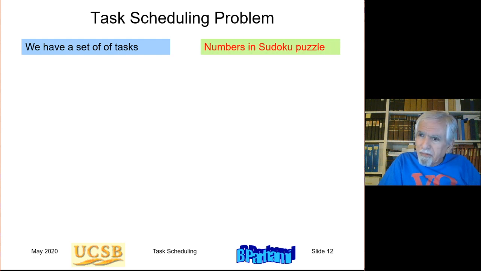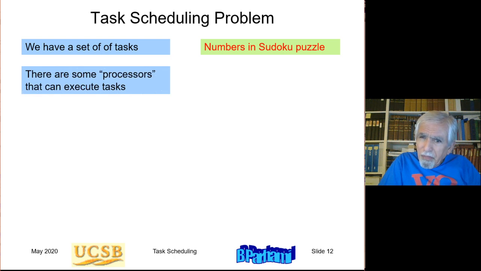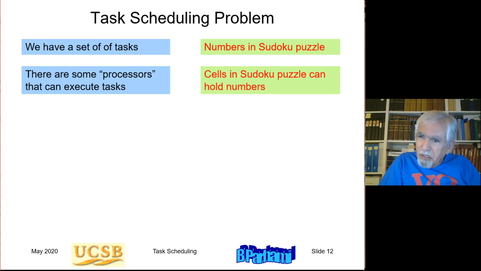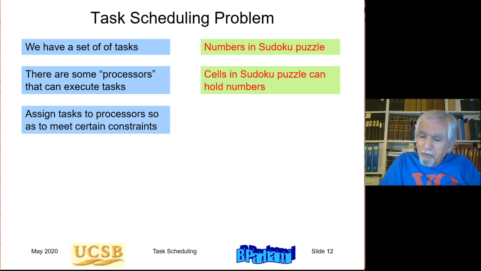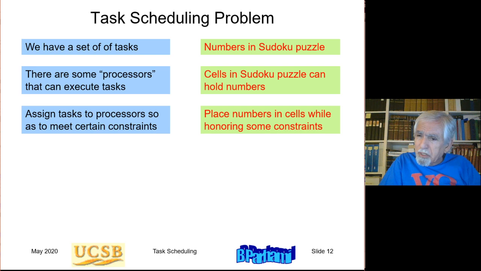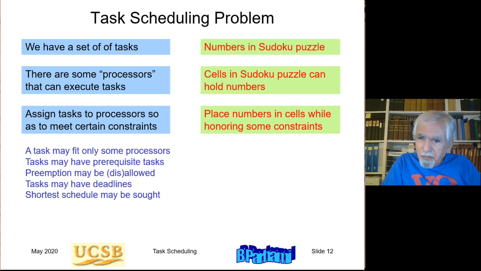In Sudoku, we have a set of numbers, 1 through 9. There are some processors that can execute tasks. And in Sudoku, we have cells that can hold numbers. And then we have to assign tasks to processors so as to meet certain constraints. Of course, in Sudoku, we have to place numbers in cells while honoring some constraints.